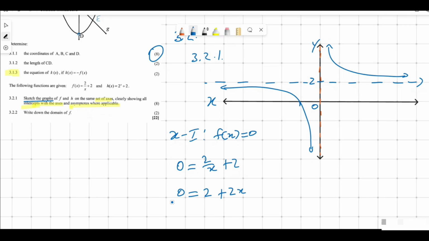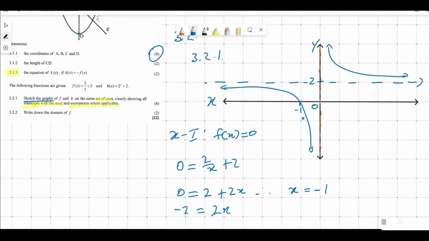Then we transpose 2 to the other side: negative 2 equals 2x. Therefore, x equals what? Divide both sides by 2, the coefficient of x, and x is equal to negative 1.